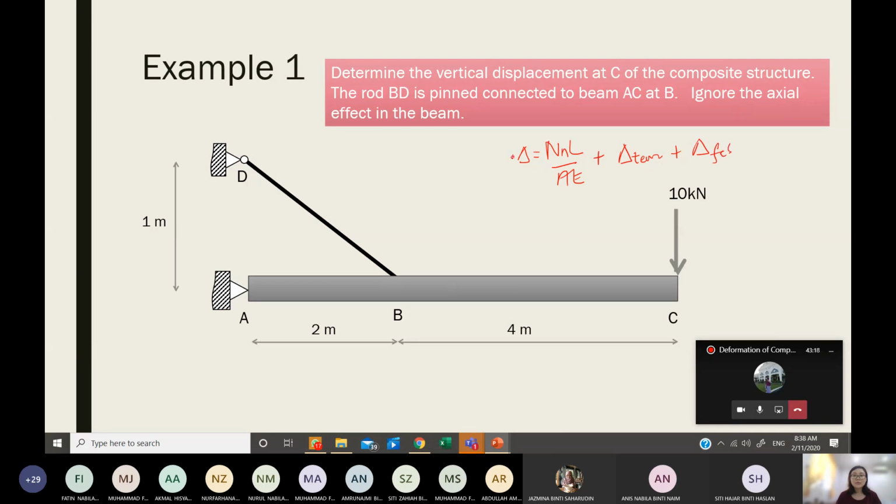This will be applied for the axial force type of member, which is this rod. And we also have a formula for determining the deflection for bending type, which is for beam, frame, and arch. This will be dealing with the integration of M m over EI dx. So now, if we want to determine the deflection for this composite structure, what can you guess? What shall we do?